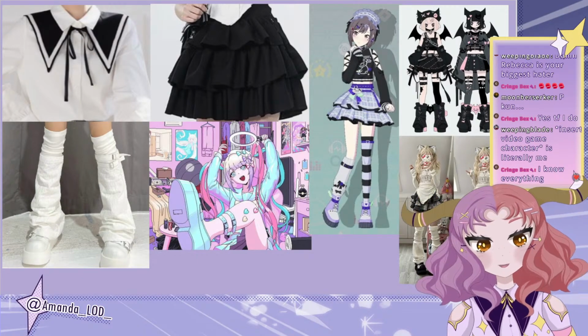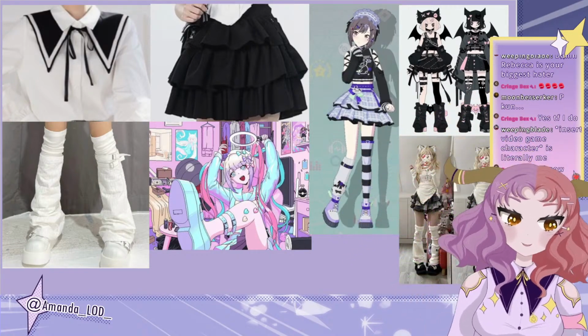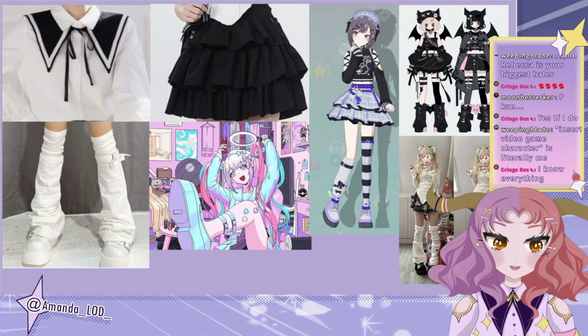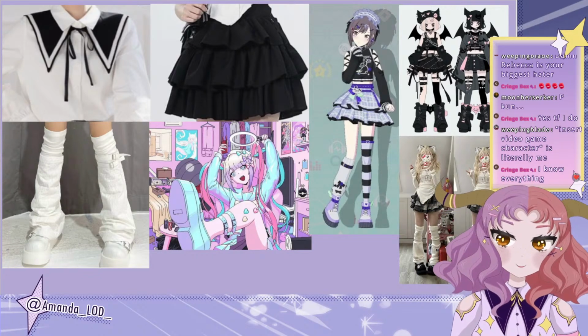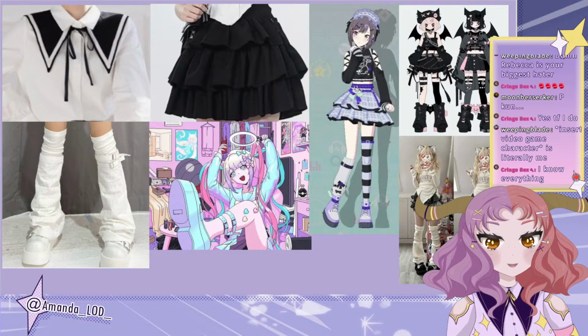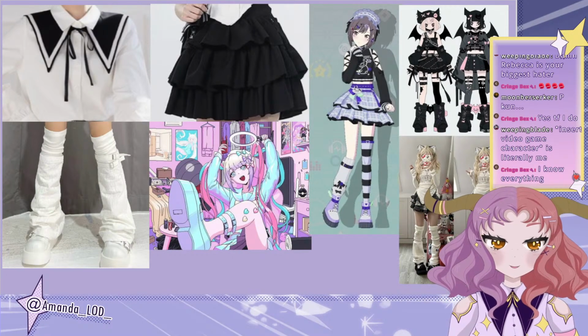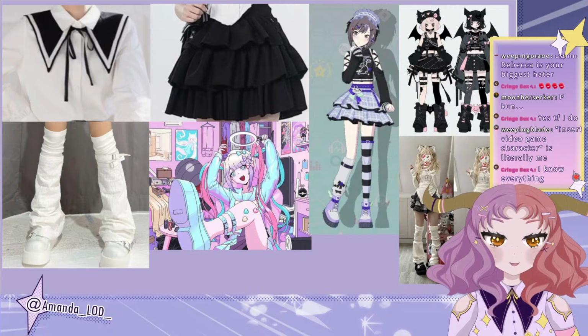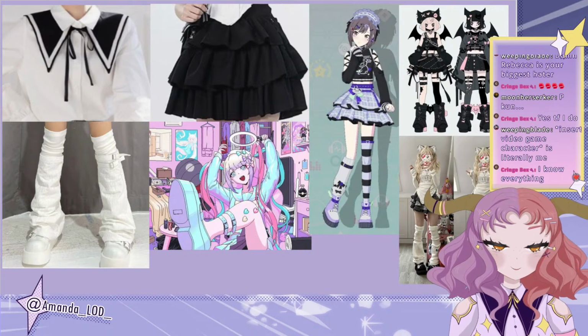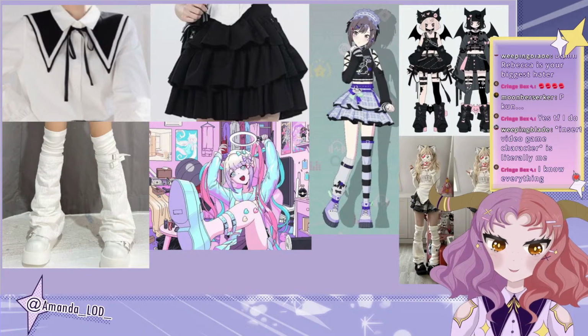But on my version, I made it a cape instead of just the collar of a shirt. That's where the inspiration came from. It's almost like a school uniform or a nun or something like that. The platform shoes, and then all the hair clips, adding lots of hair accessories. It's sort of a Decora vibe. So that's cool.